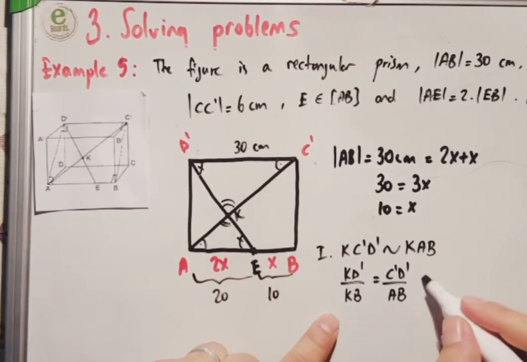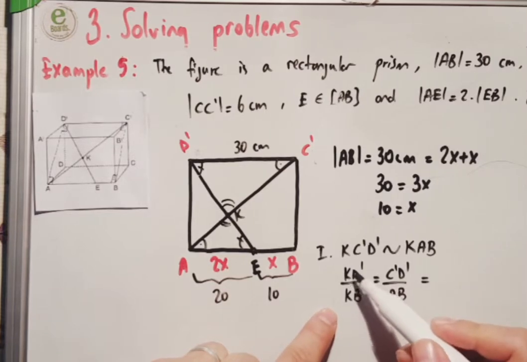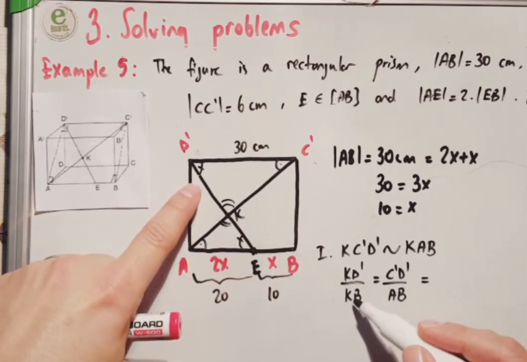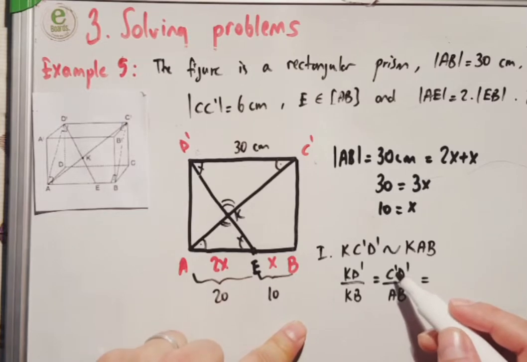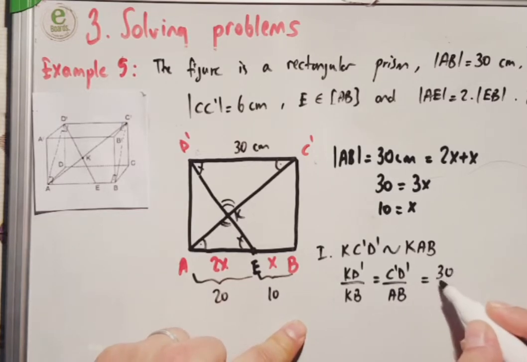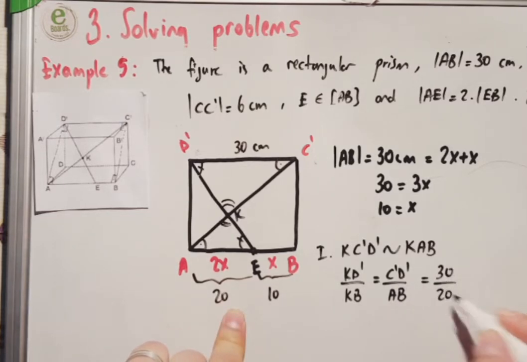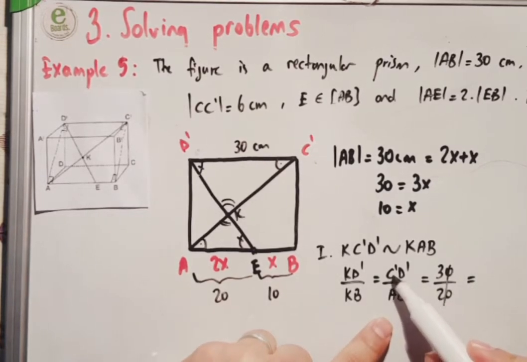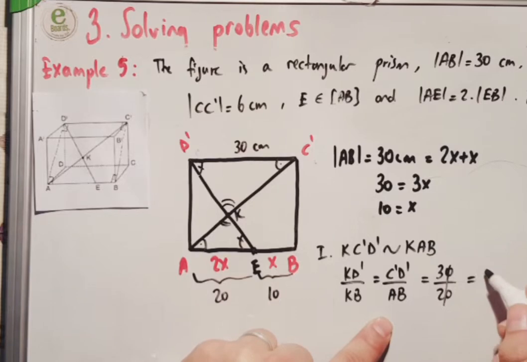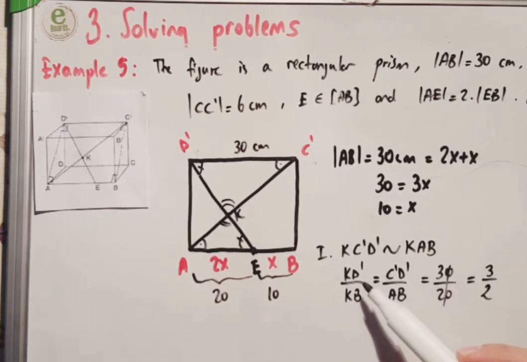So here the length of KD1 over KB is equal to C1D1, which is 30, over AB, which is 20. Cancelling, for C1D1 over AB we get 3 over 2, and KD1 over KB is also 3 over 2.